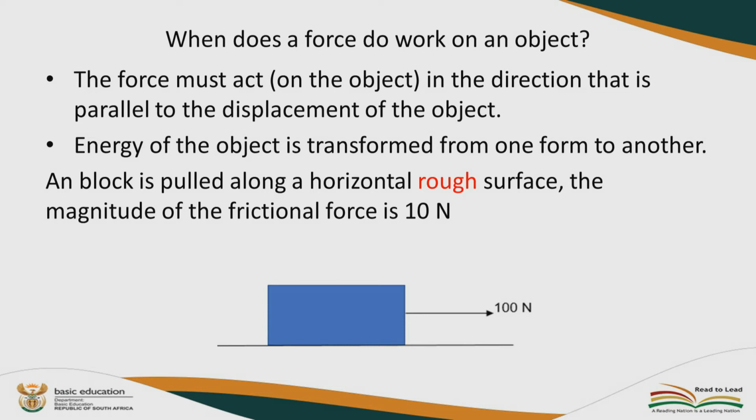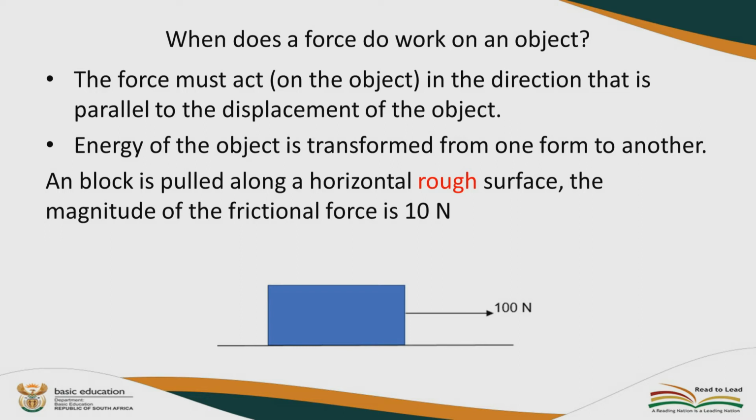Now, if we look at the object, it's resting, and then the 100 Newton force is an applied force that pulls that object in that direction. So for argument's sake, if we were to identify all the forces that act on the object, we'll have, let's say, a free body diagram in this case. That's a dot. The free body diagram is a diagram that's free of the body. In other words, we are representing the body with a dot.